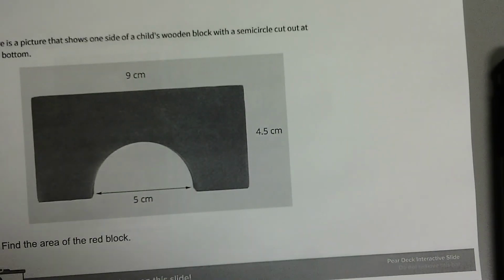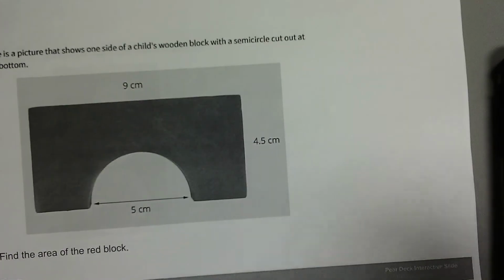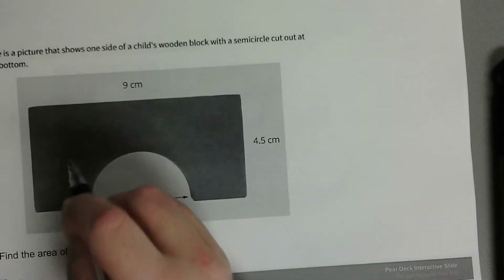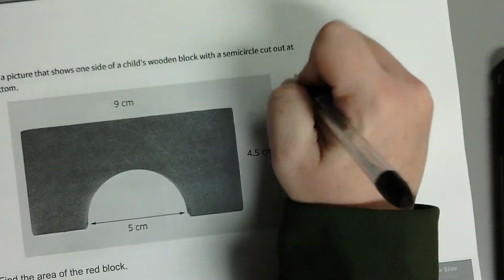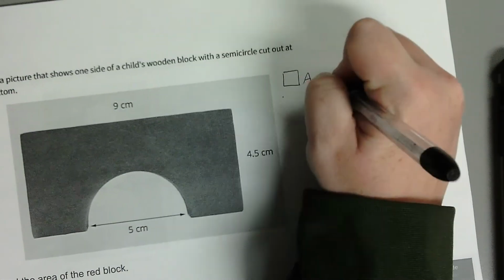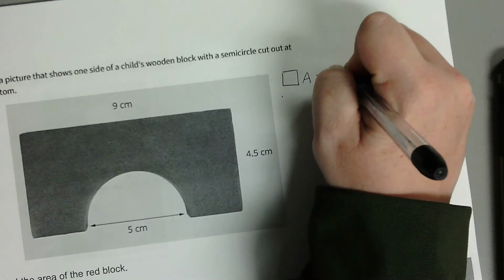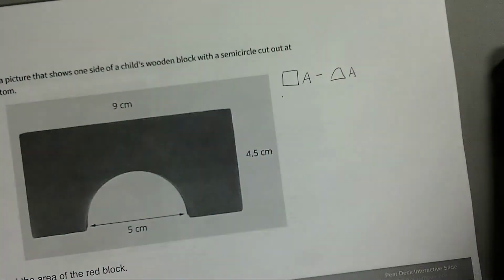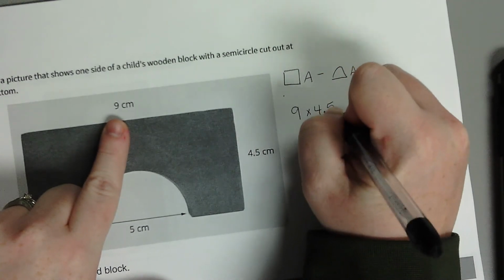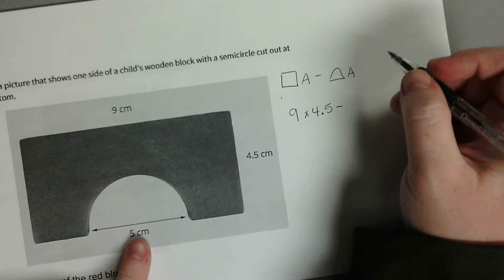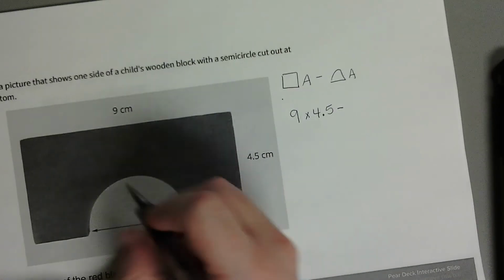Here is the picture that shows one side of a child's wooden block with a semicircle cut out of the bottom. Find the area of the block. Okay. So I'm going to find the area of the whole rectangle first. It's going to be rectangle area minus the semicircle area. So our rectangle's area is 9 times 4.5 minus our semicircle.